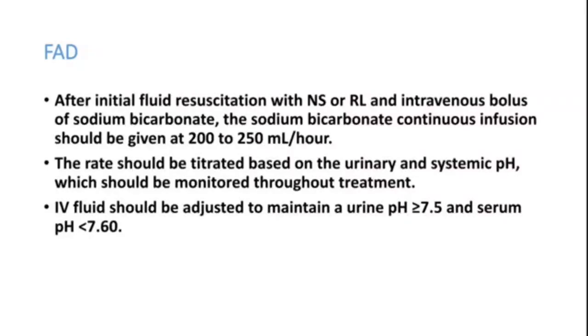The rate should be titrated based on the urinary and systemic pH, which should be monitored throughout the therapy. IV fluid should be adjusted to maintain a urine pH more than 7.5 and serum pH of less than 7.6. We can increase the serum pH to 7.5 to 7.6, but it should be less than 7.6.